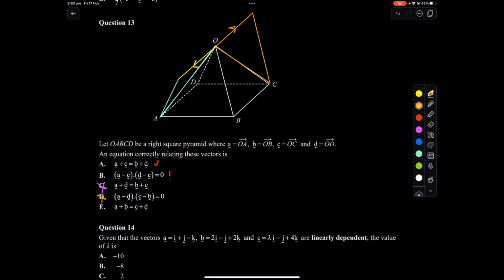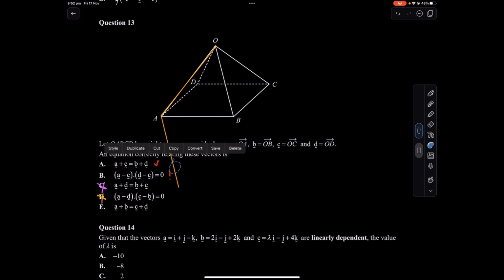And the last one is just A plus B, so let's do the last one at least. A plus B, so this is A, this is B. Taking this one over here, going right over there, from here to here, that's that.